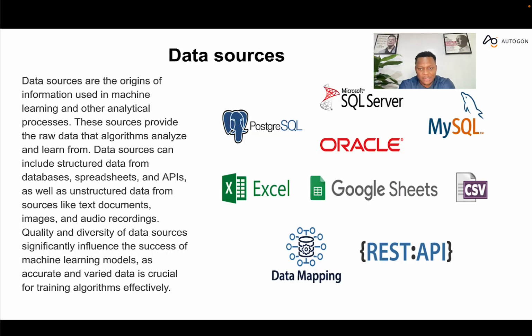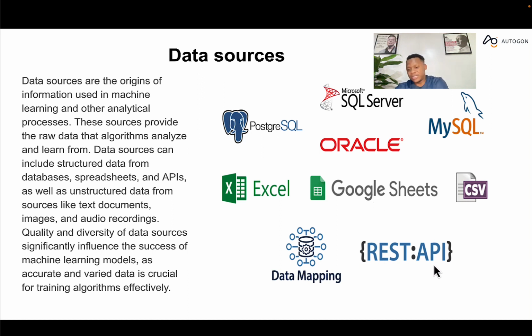So data sources. Data sources are the origins of information used in machine learning and other analytical processes. There are different types of data sources, different sources where you may want to bring in data from. You can have it in CSV format, the output of your Excel sheets. You can export your Excel sheets into different formats. It can come from Google Sheets.